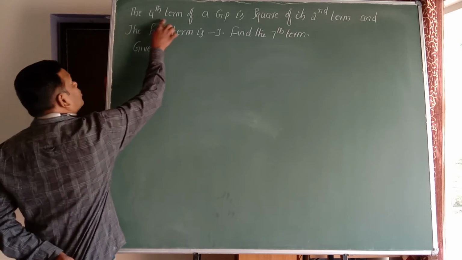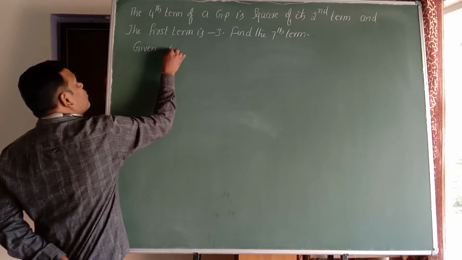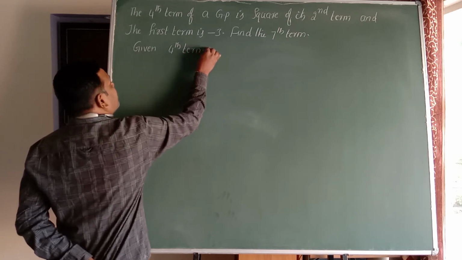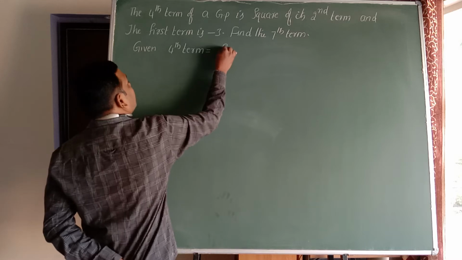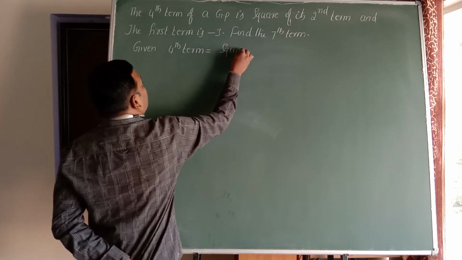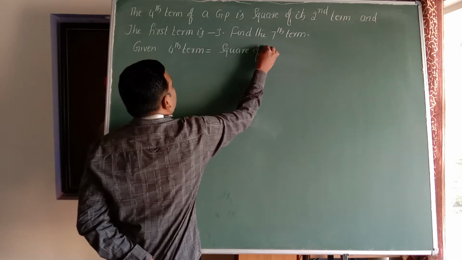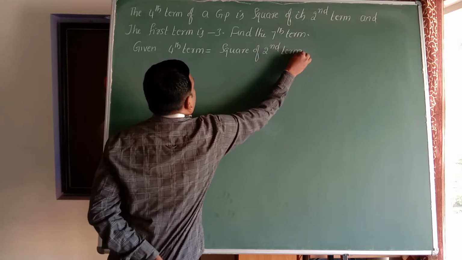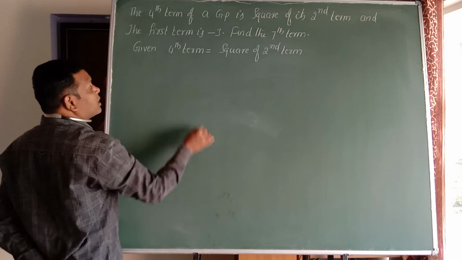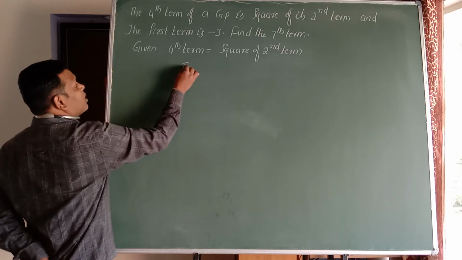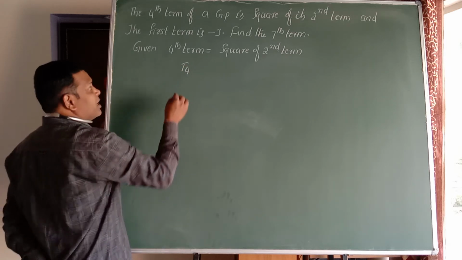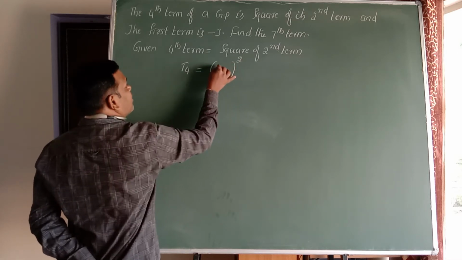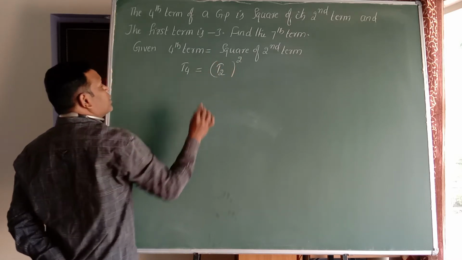Given that the fourth term is equal to the square of its second term. We can say that the fourth term T4 is equal to the square of the second term T2.